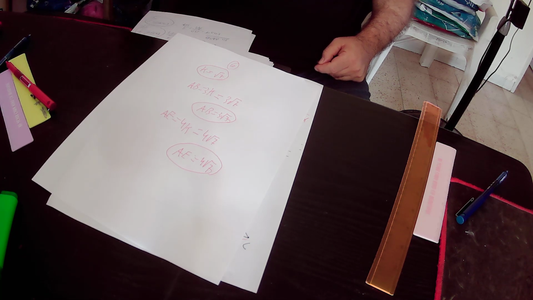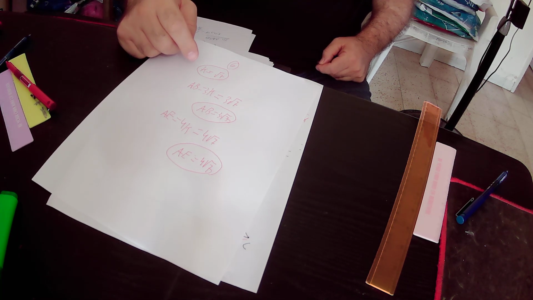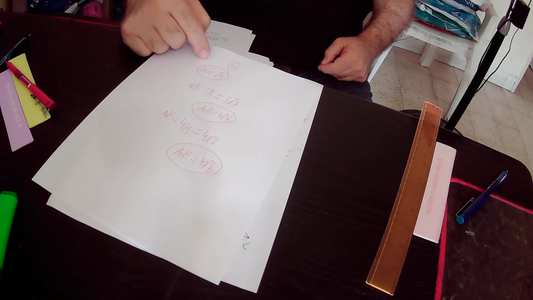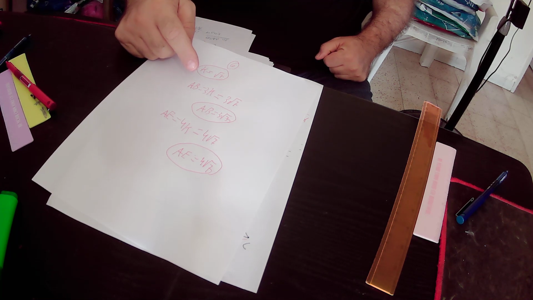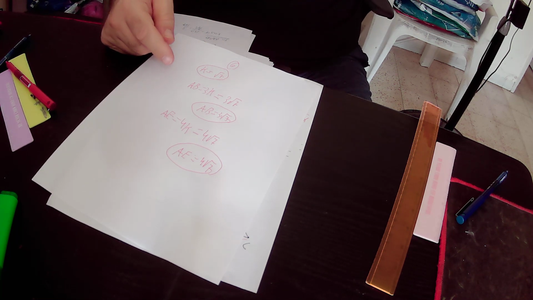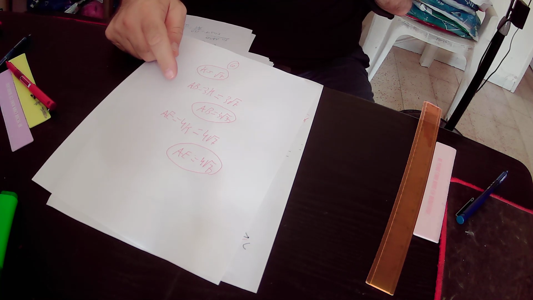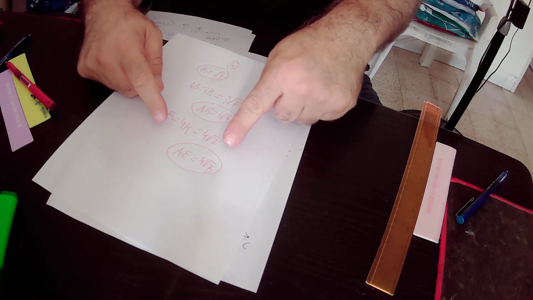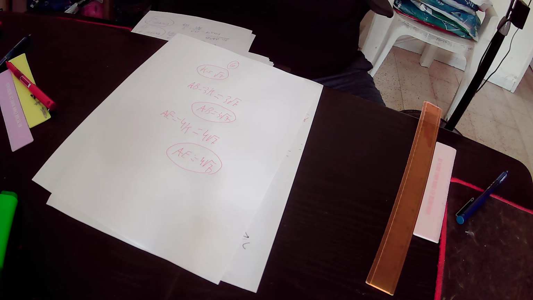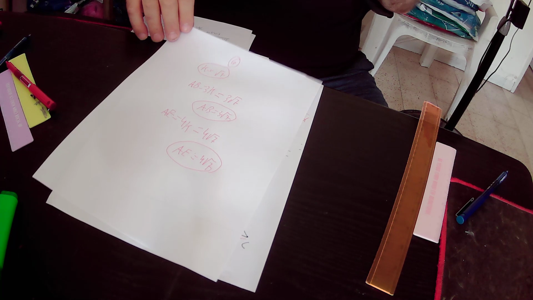We know that AB equals 3K, so we can substitute K by root 7, and we got that AB equals 3 times root 7. And AE equals 4K, so we substituted K by root 7, and we got that AE equals 4 times root 7.